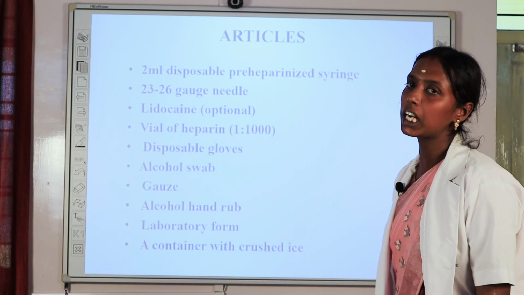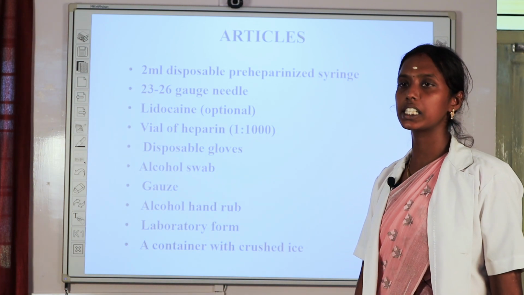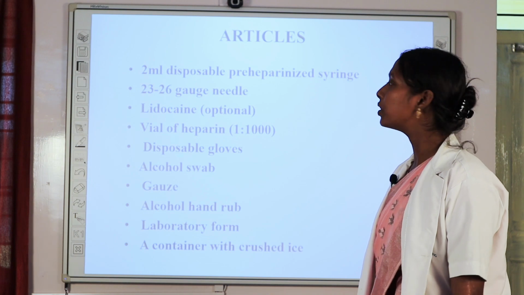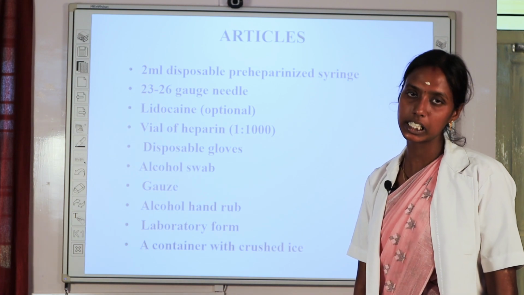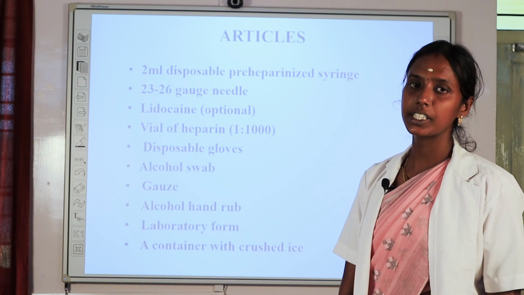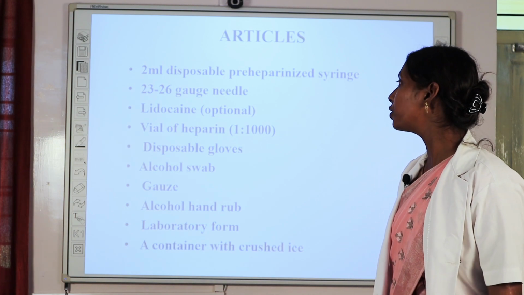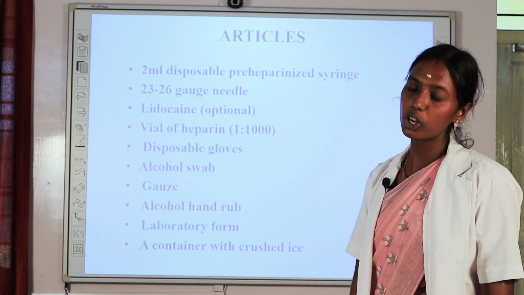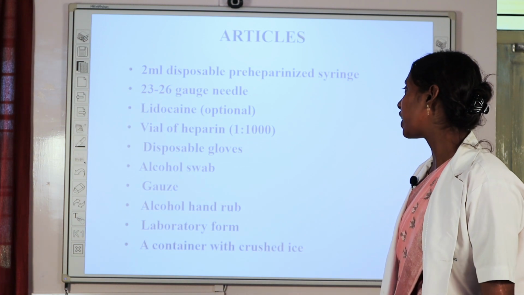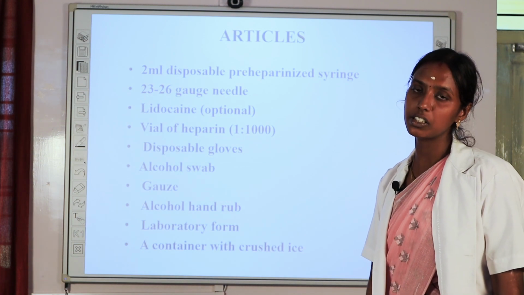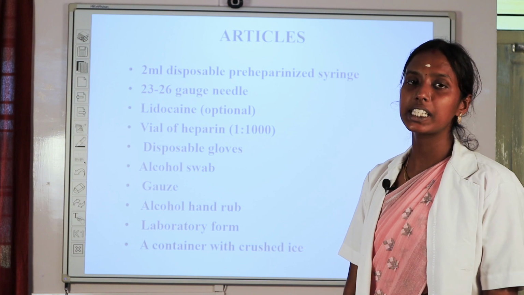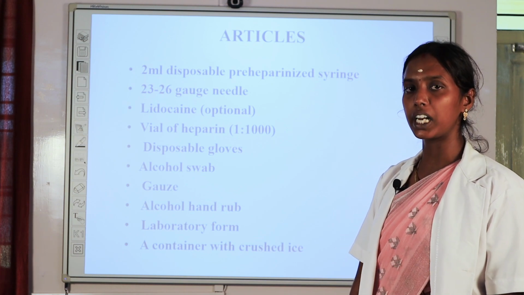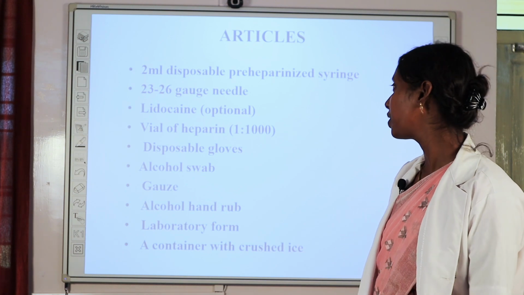And next is the articles for ABG analysis. The first is a 2 ml disposable pre-heparinized syringe and a 23 to 26 gauge needle, and lidocaine, optional. It is for local anesthesia. And a vial of heparin in case the syringe is not pre-heparinized, meaning under that condition we will heparinize the syringe using the heparin.